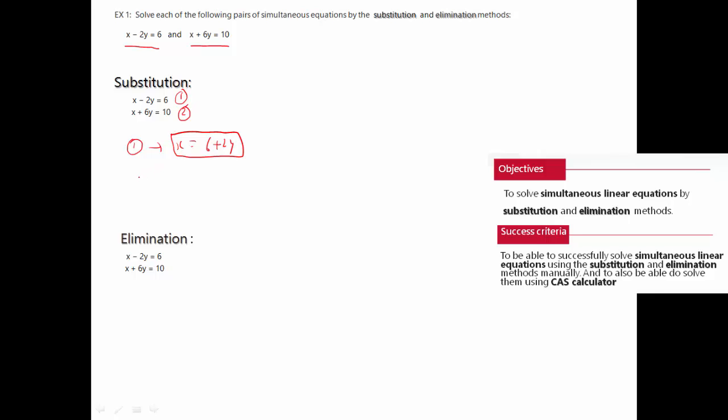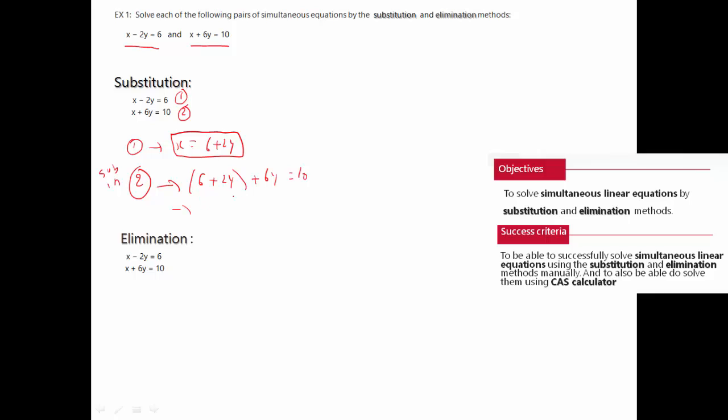So then, substituting 1 in 2 will give us 6 plus 2y. Put brackets so we know that this is that entity. Then we have plus 6y equals 10, which means 2y plus 6y is 8y, and we have the 6.